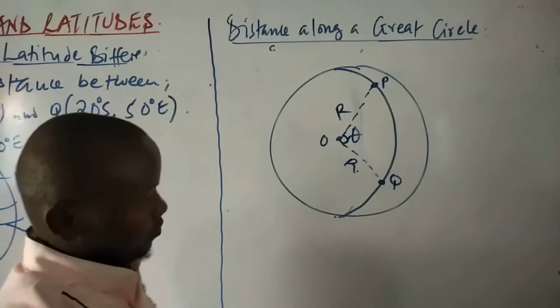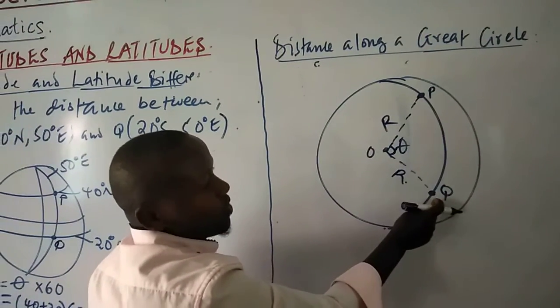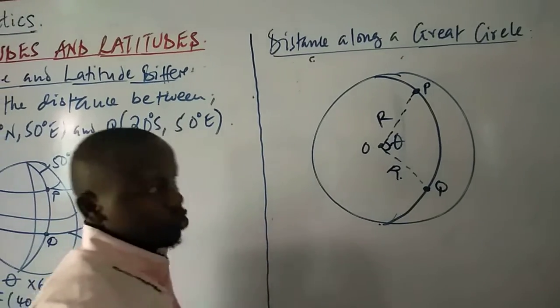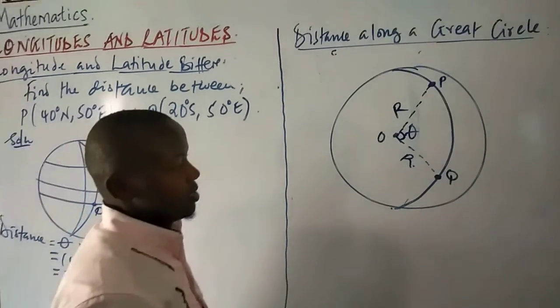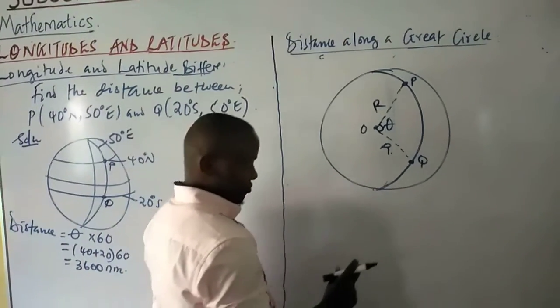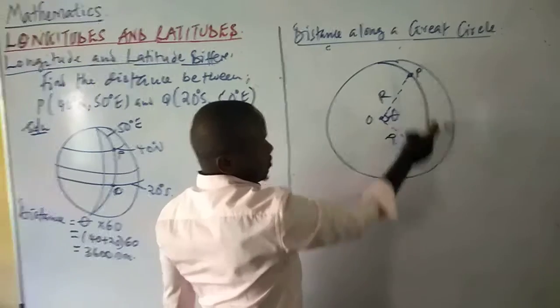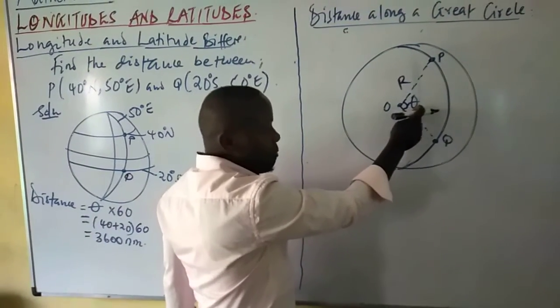Therefore, PQ is an arc. Considering the Earth to be a perfect sphere, though an assumption, from P to Q it is an arc, and there is an angle between them.